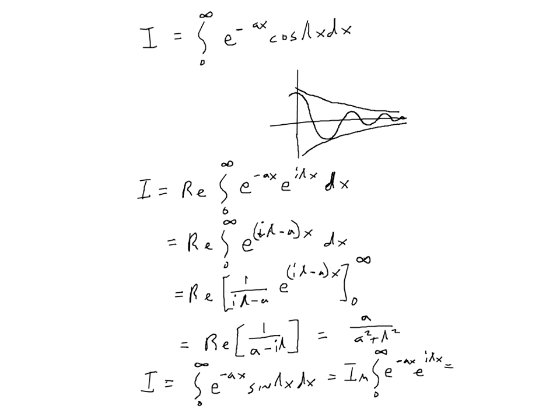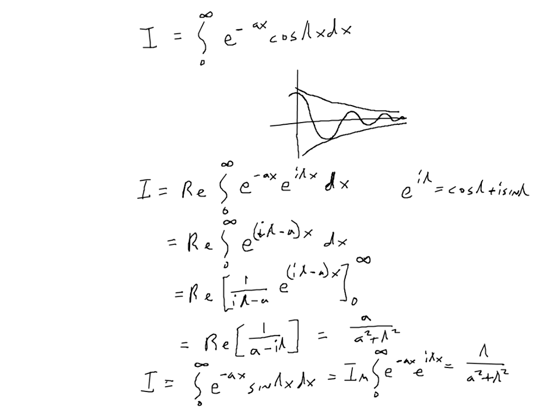When you take the imaginary part, you're doing the exact same integral here, only it's the imaginary part, and the imaginary part ends up giving you lambda over a squared plus lambda squared. And so in doing this, you basically solve the integral once, and then you can apply the solution to the other one. Remember, e to the i lambda is equal to cosine lambda plus i sine lambda.